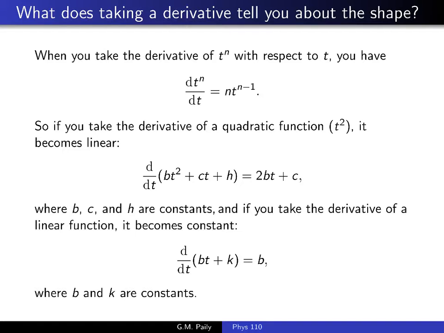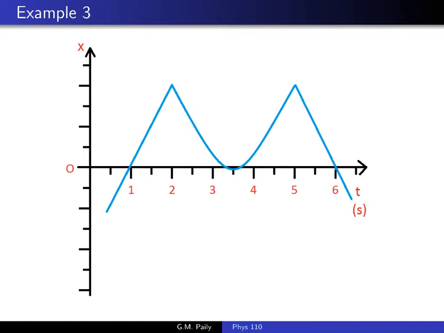What relevance does this have to the graphs? Let's take a look at this graph. Again, we are given an x versus t graph, and we are asked to draw the corresponding v versus t graph. We notice that it can be split up into regions where the graph is linear, regions where the graph is quadratic, this is a parabola, and again, regions where the graph is linear.